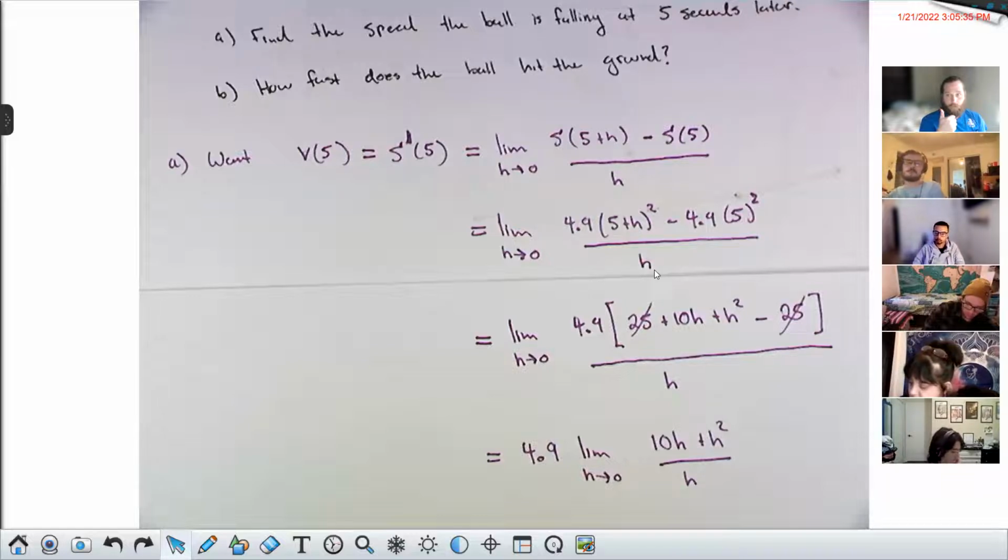Which is good news for us because both of the terms in the numerator have an h in them. So I can factor an h from the top to cancel with the h downstairs.